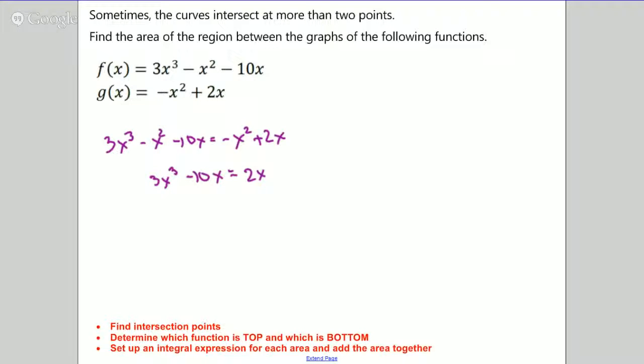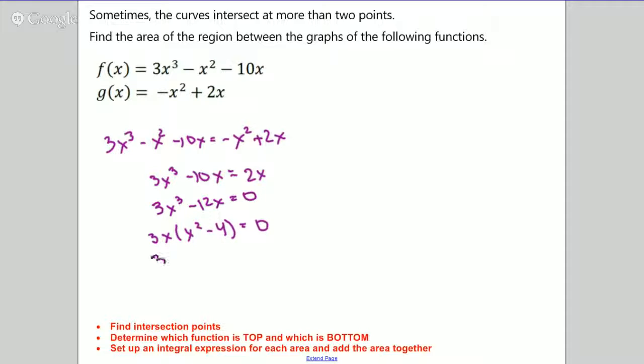So let's subtract 2x from both sides. That'll give me minus 12x on the left. Okay, now what? Why don't we go ahead and factor out the common factor of 3x? So that leaves me with x squared minus 4 times 3x on the left side.